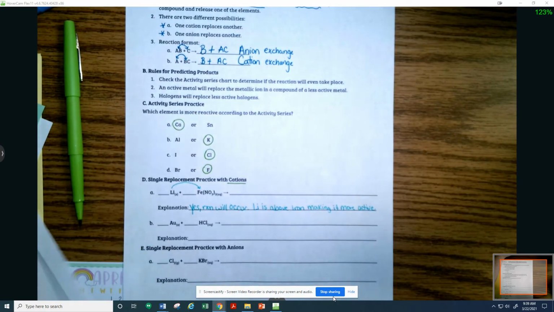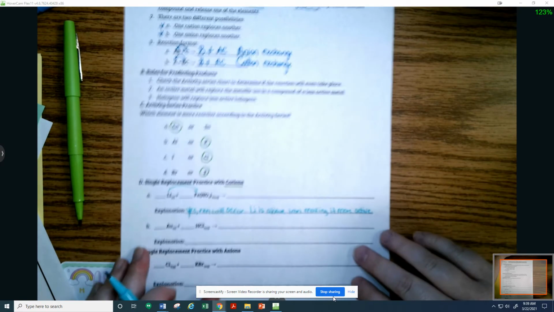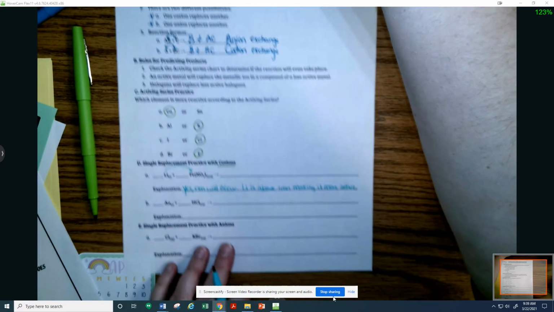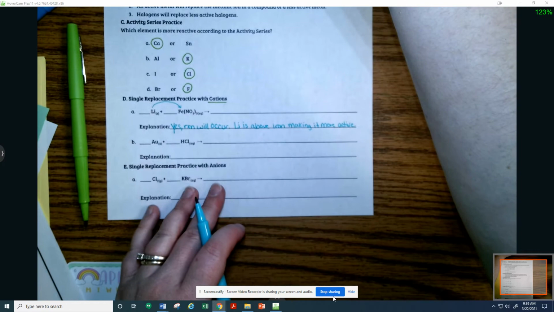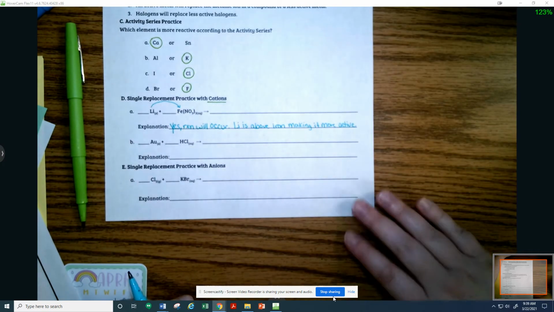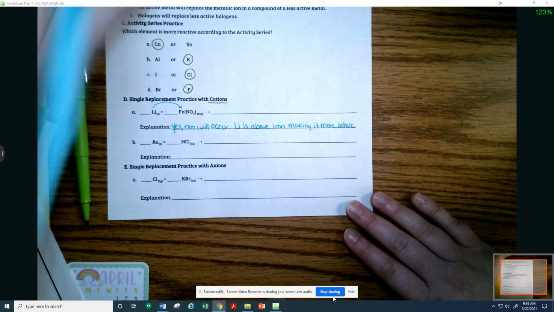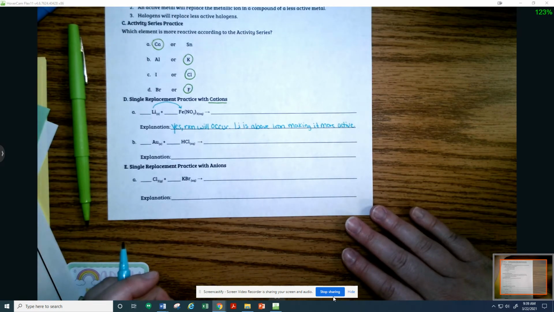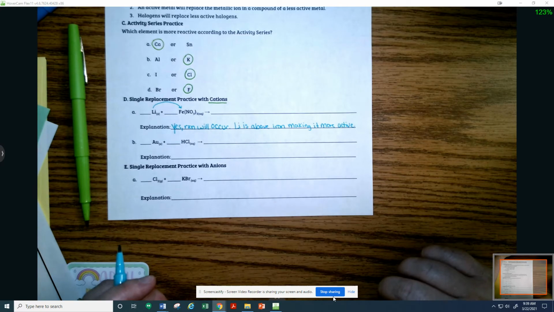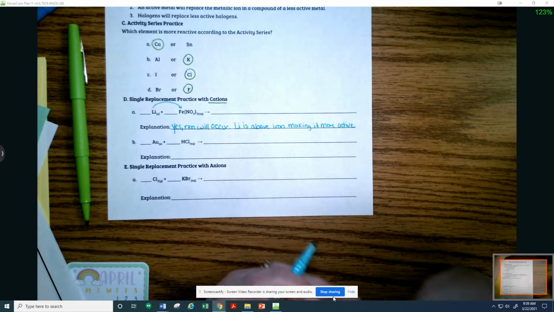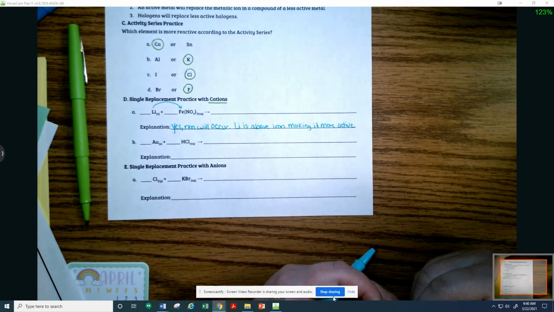Okay, so like synthesis and decomposition, there are some steps that go into correctly identifying the products and outcome of this reaction. When we work through this, we have lithium and iron nitrate. In order to predict the products, knowing the reaction is going to happen, we need to know what the final formulas are going to look like.